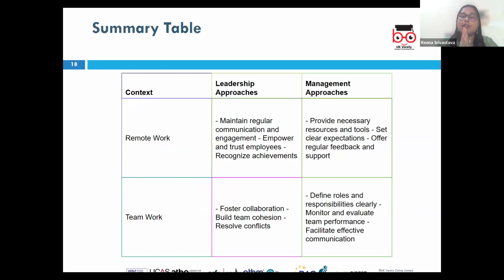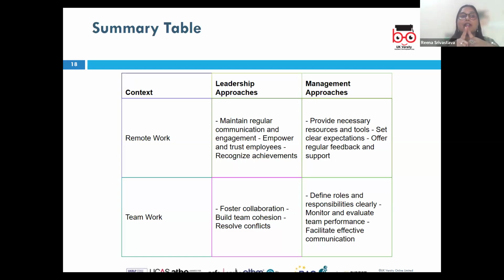In both remote working and the team environment, effective leadership and management play a crucial role, because when leadership and management both come together, then only we can create an environment which is supportive and which is productive.